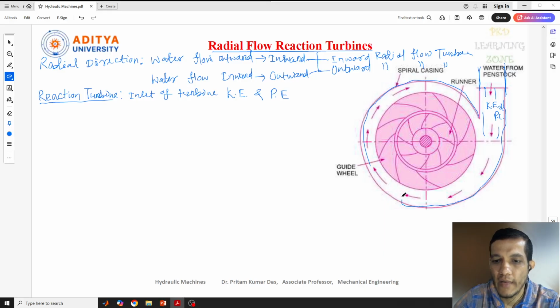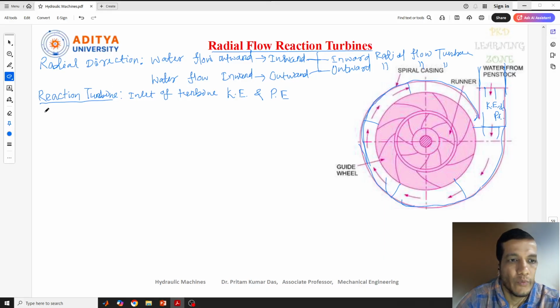And the diameter, or area, of this casing gradually decreases. How much area was there at the entry level? If you come slowly to the inside, the area of this casing decreases. This will have an impact on the flow. Anyway, this is about the spiral casing.